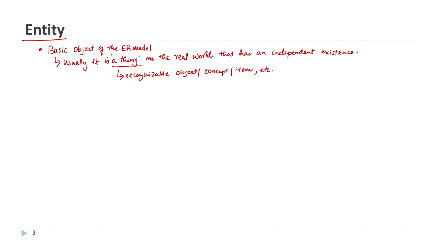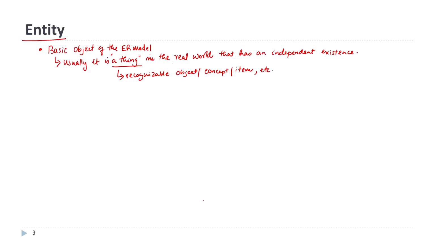It can also be something like a project which is on a piece of paper and has money and finances and resources associated with it, but you cannot really point to it like you point at a tree and say this is a mango tree. The project exists on a piece of paper, but you can recognize a particular project by a project number or stuff like that. Okay. So, that is the entity. Okay. So, what is an entity?